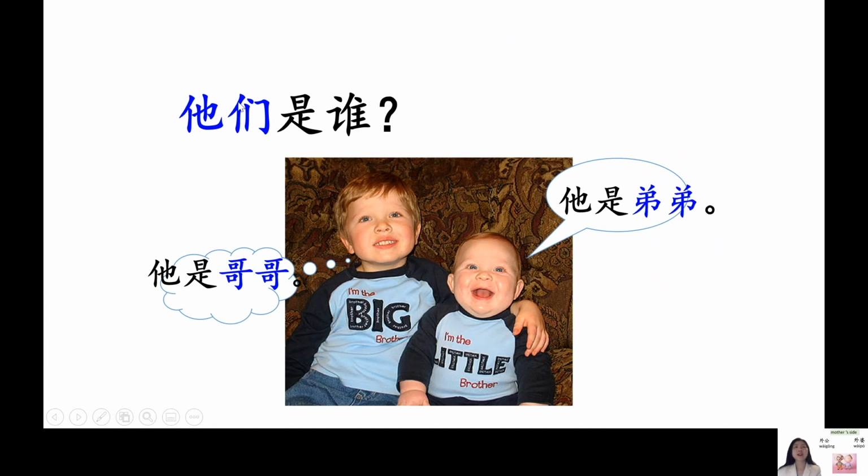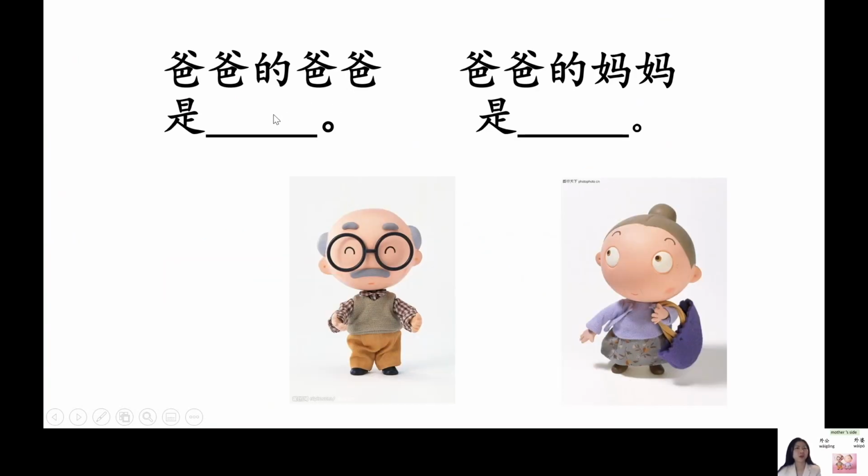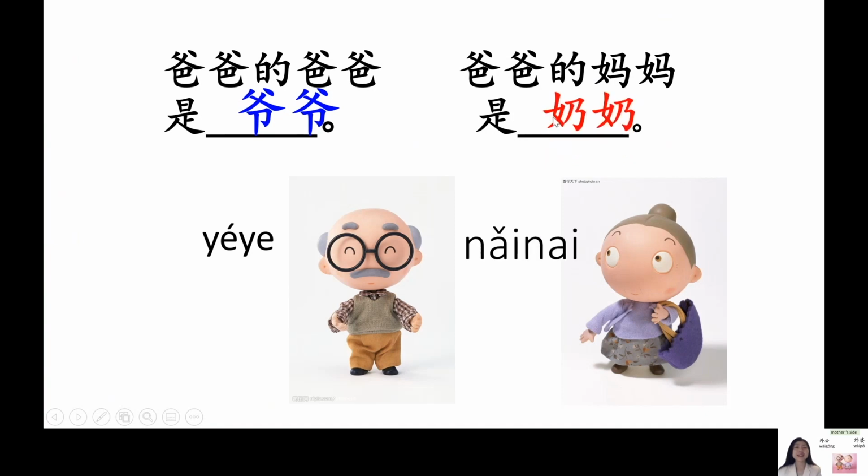Now, let's do together. 他们是谁？Who are they? 他是哥哥，他是弟弟。她是妹妹。她是姐姐。Let's try. 爸爸的爸爸是，爸爸的妈妈是。Do you have an answer? 爷爷。爸爸的妈妈是奶奶。Father's father, we say 爷爷. Father's mother, we say 奶奶. Great.